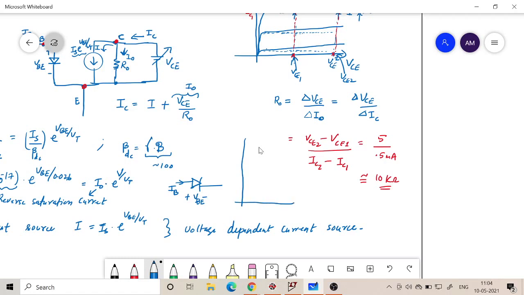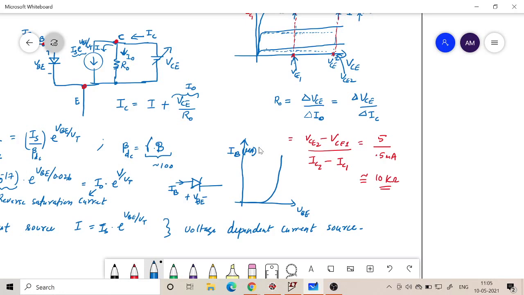It will look exactly like the diode characteristics. So this is our VBE, and now here I should plot IB. Okay, so I will get this. This may be some microampere, because usually it is a small current.